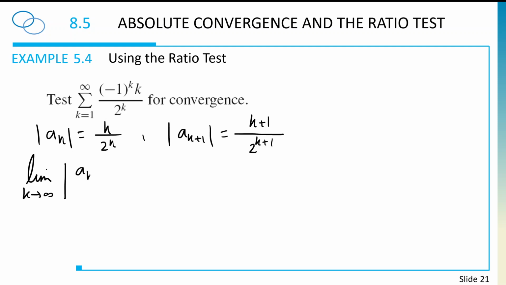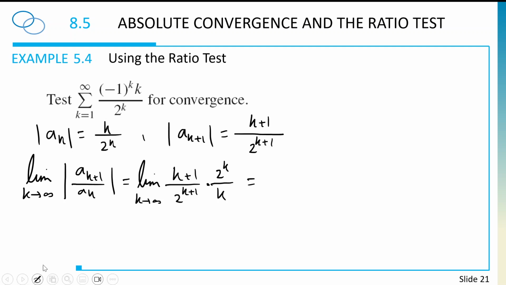We divide ak plus 1 by ak, and this equals the limit as k approaches infinity of k plus 1 over 2 to the power of k plus 1, times the reciprocal of ak, 2 to the power of k over k. Okay, that's good. See if there's any cancellation.